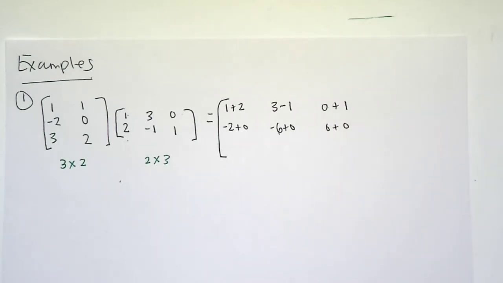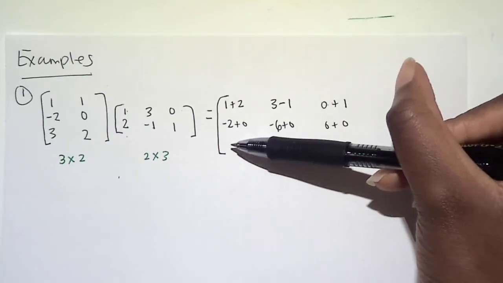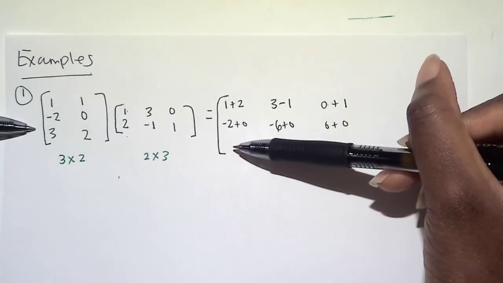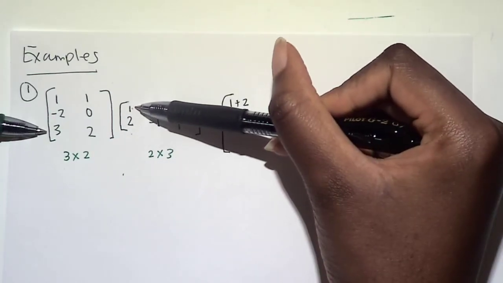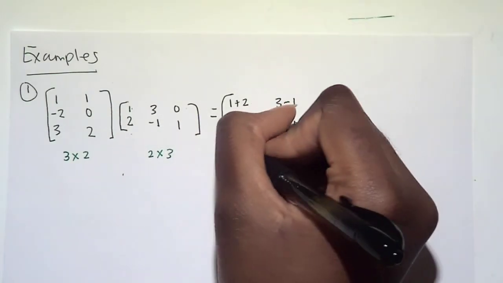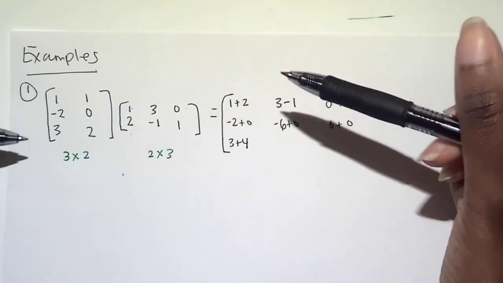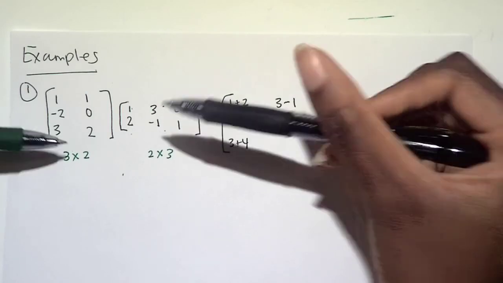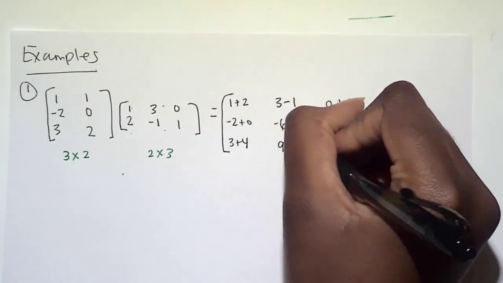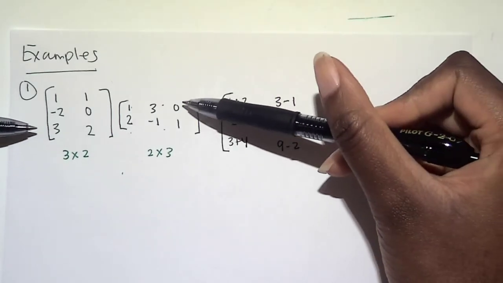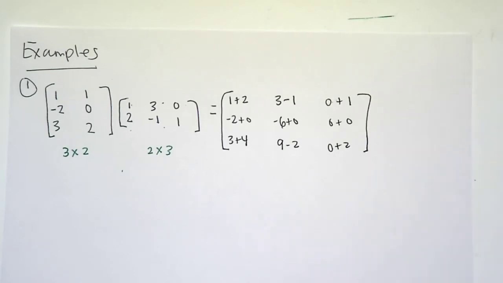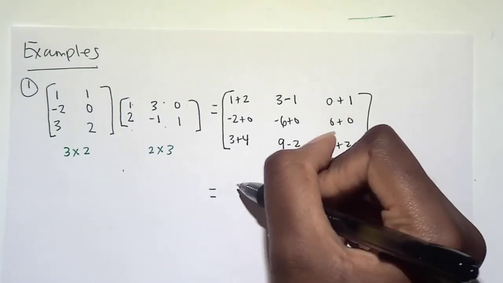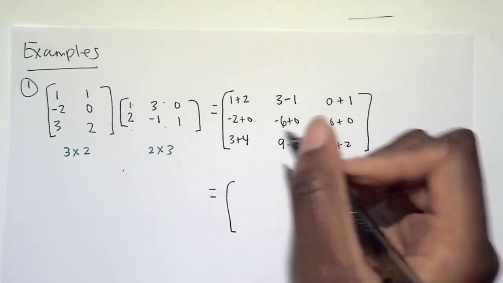And then finally the last row, to get this component down here, I'm going to use the bottom row of the first matrix, the first column of the second. 3, 4. -9, -2. And then 0, 2. As you get better at this, you'll probably do this addition in your head, but you do not need to. Now you just do the addition.